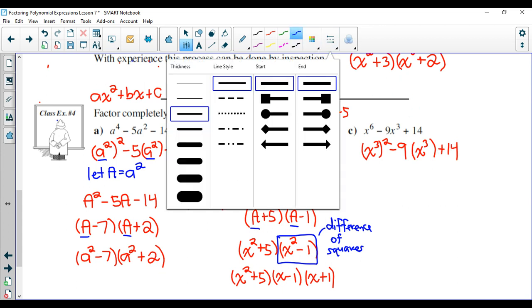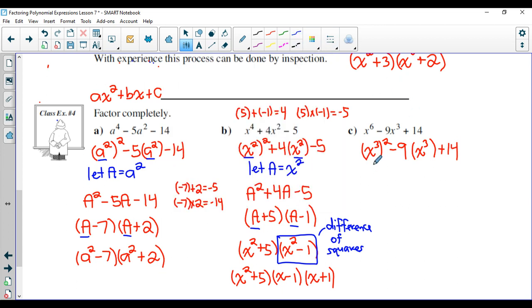And the substitution we're going to make here is we're going to say let A be x cubed this time. So whatever is inside the brackets here is what we're going to make the A substitution for. Okay, so then this would be A squared minus 9A plus 14.